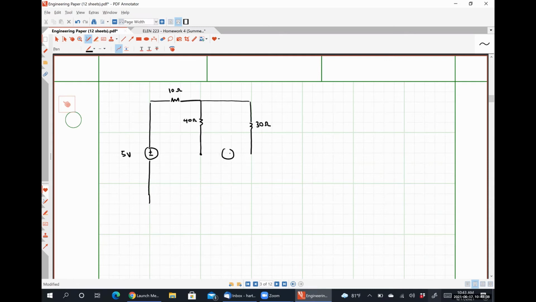And I'm going to put a current source here in the middle of the circuit. Put another 30 here, 40 here. Oops. Sorry, I meant to put another 10 ohm resistor down here.